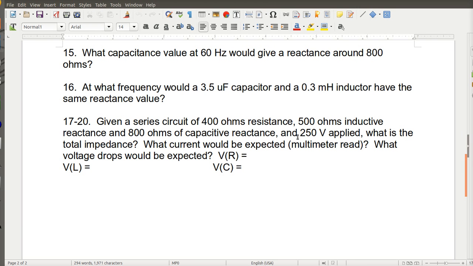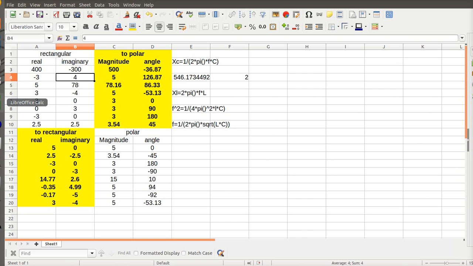And if 250 volts is applied to that impedance, which I just calculated, what current would be expected? So I could take the 250 angle 0, divide it by the 500 angle minus 37, and I wind up with a current that is 0.5 at an angle of, I'm just going to make it positive 37.